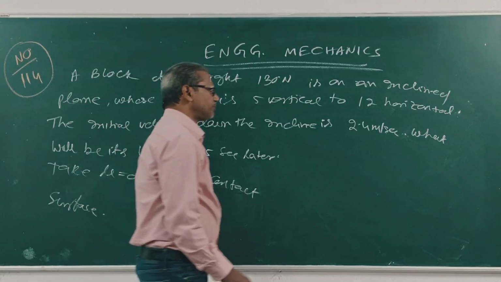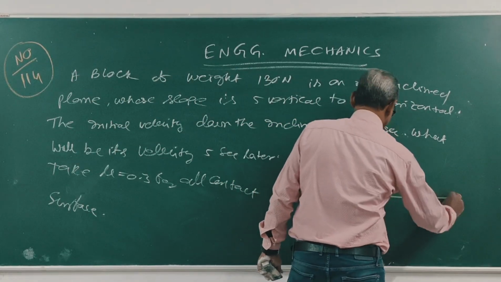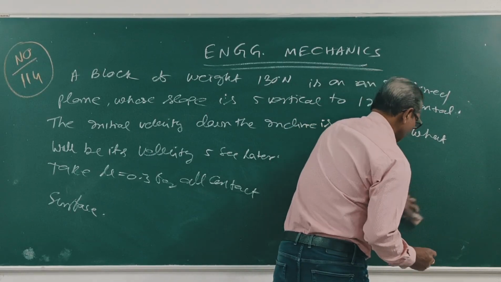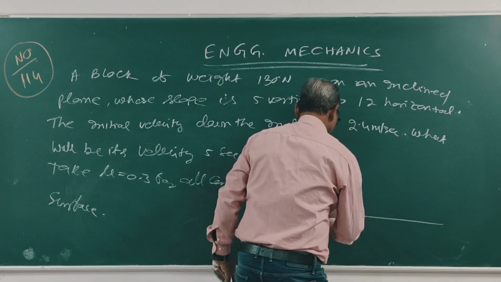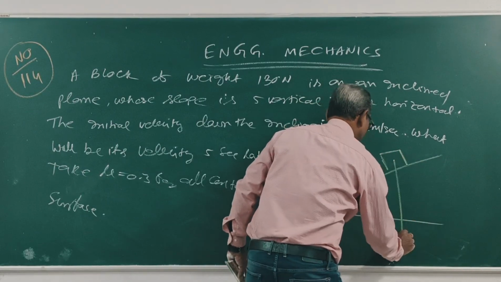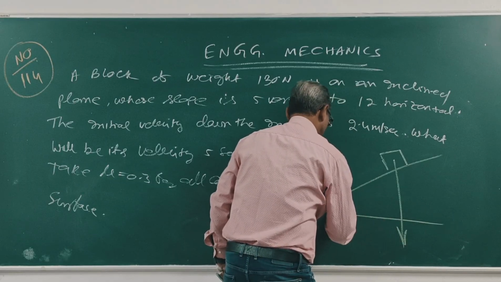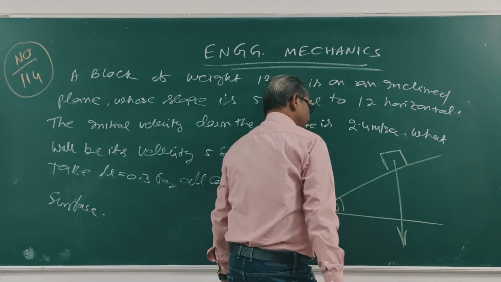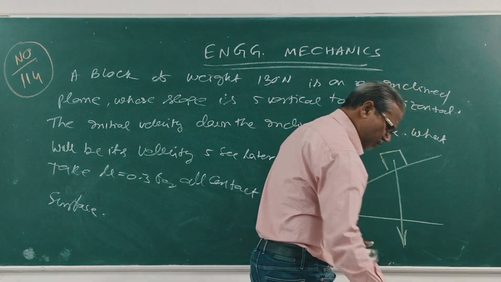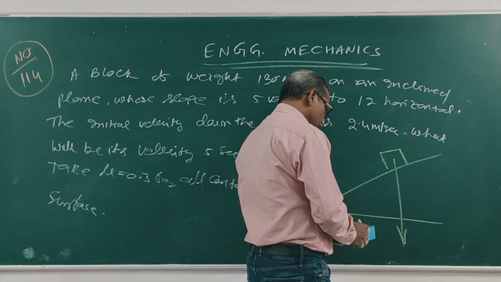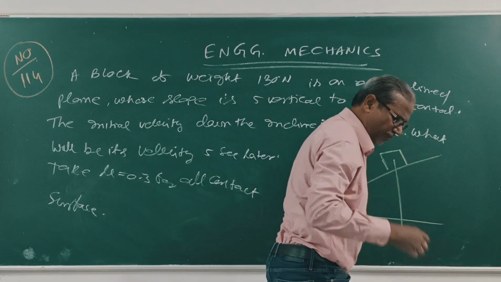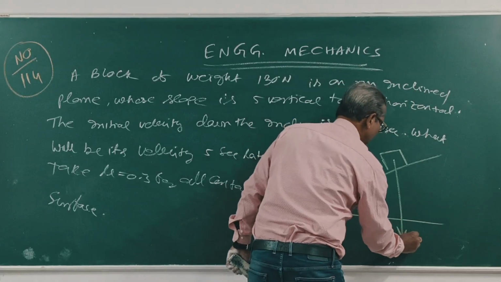Suppose this is the inclined plane, the block is here, its weight is 130 Newton, and the angle is theta.